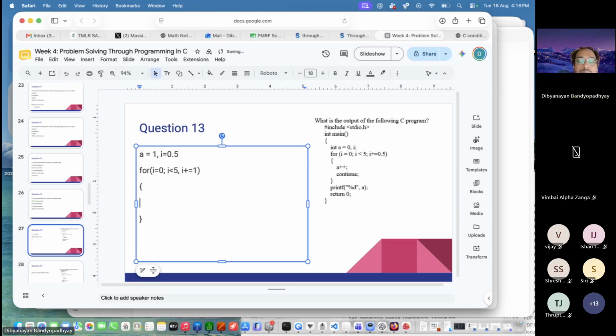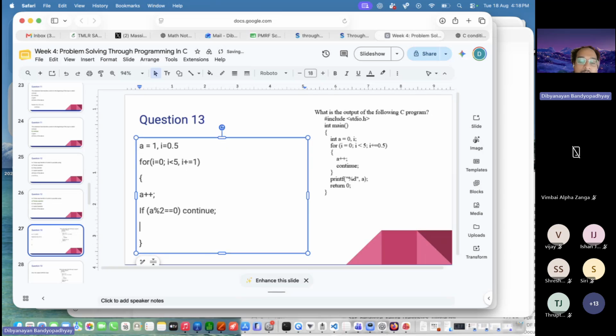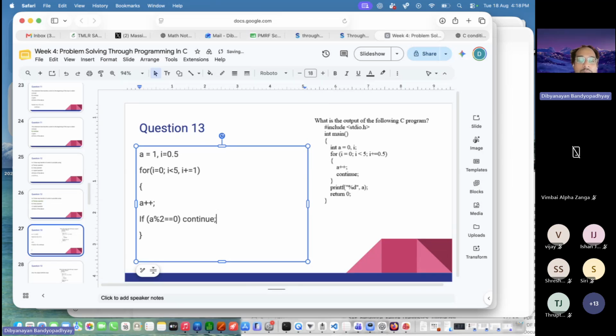So a plus plus is the first thing, and then if a mod 2 equal to 0, then continue. I'm writing it like that just for illustration, because it is a bad practice. Otherwise you can just proceed, don't do anything.